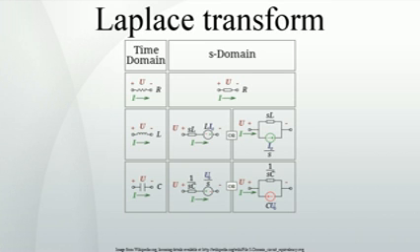Example 3. Method of partial fraction expansion. Consider a linear time invariant system with transfer function. The impulse response is simply the inverse Laplace transform of this transfer function. To evaluate this inverse transform, we begin by expanding H(s) using the method of partial fraction expansion.